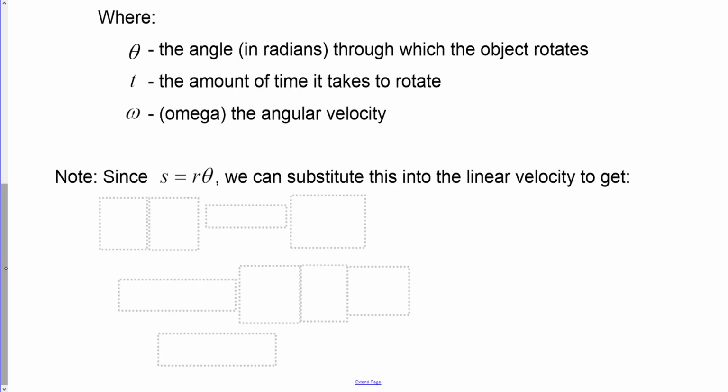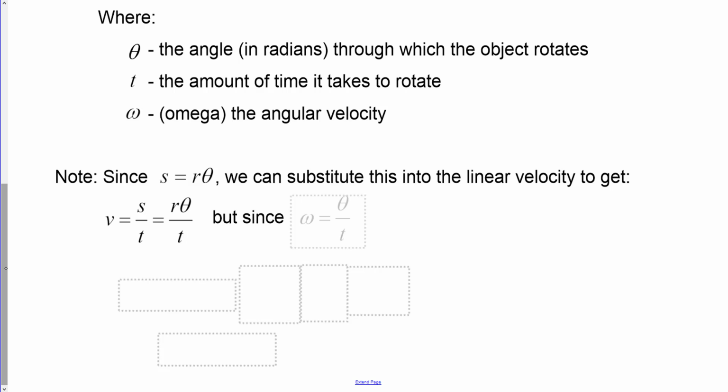But because we know that, we can substitute this into the linear velocity. Linear velocity is s over t, which means I could say linear velocity is r times theta divided by t. Now keep in mind, since this is dependent upon arc length, we have to make sure theta is in radians.